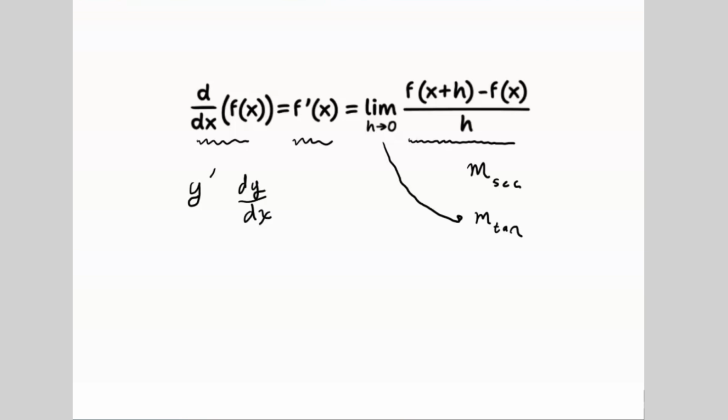Those are all synonymous with derivative. Another thing is the slope of the secant line is the average rate of change, and the slope of the tangent line is the instantaneous rate of change.